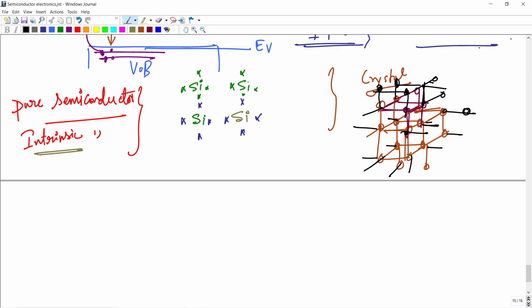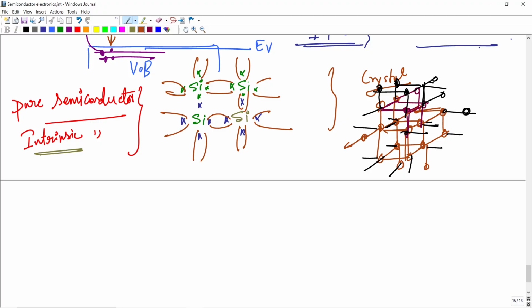Each looks like a silicon atom, and this line represents the covalent bond. These are covalent bonds. They do not end here, they go upward in that direction. The diagram does not end here, it is continuous in all directions. These sticks, arms or sides are the bonds, and this is a covalent bond, and that's a pure semiconductor.